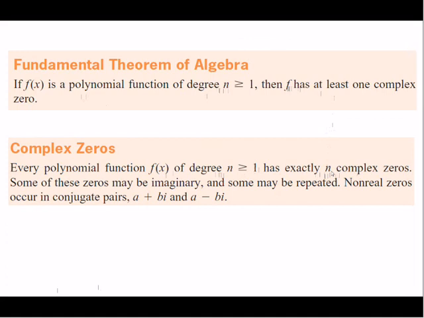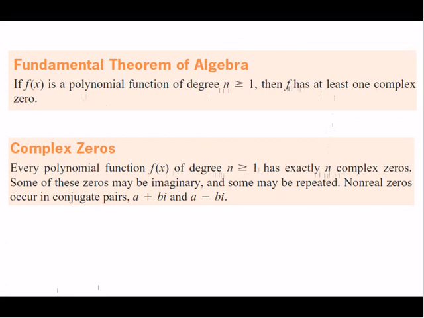Remember, a complex number is made up of two pieces, an imaginary piece, the i, and the real piece. So a complex number has both real and imaginary. When we talk about complex zeros, we're used to talking about real zeros, and we find those real zeros on the x-axis. But we could also have imaginary zeros, which we can't see on the x-axis or anywhere else, which means we'd have to find those algebraically.